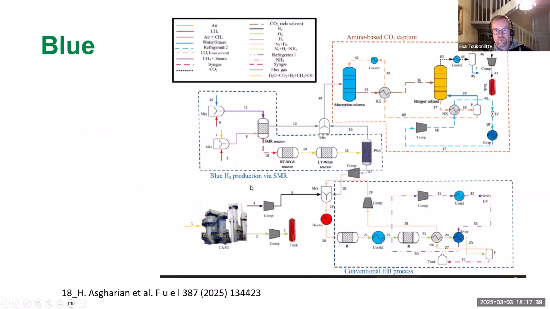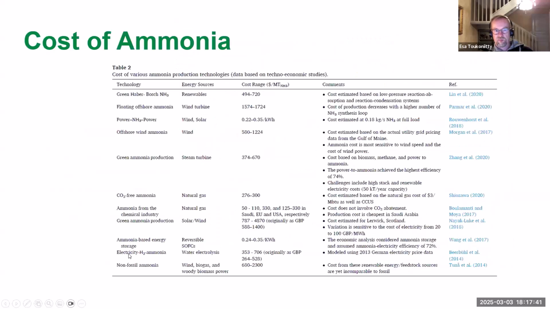Then, just for interest, there were some mentions about cost effectiveness, but still here you'll see various different technologies for making ammonia and some kind of cost estimate.